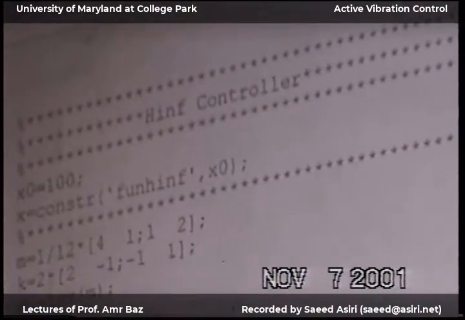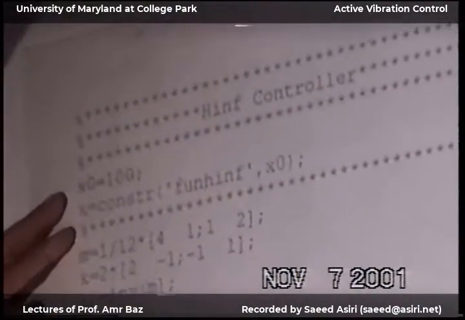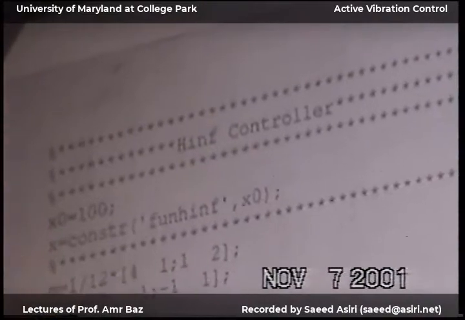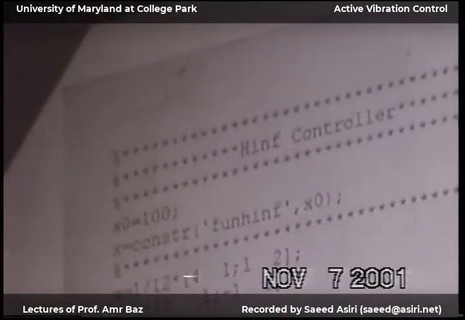I'll begin first by looking at the value of gamma, the optimum value of gamma.